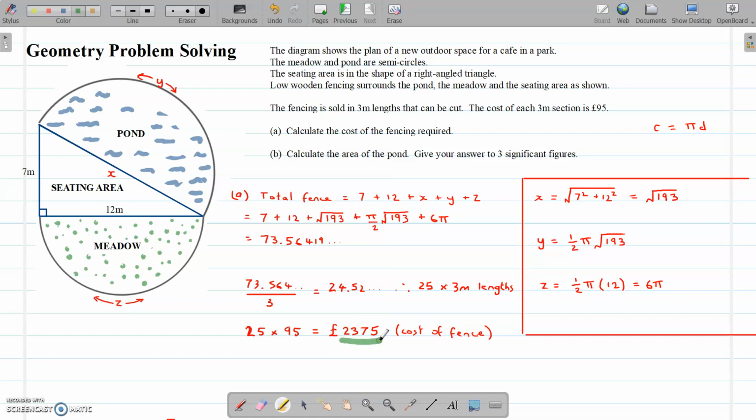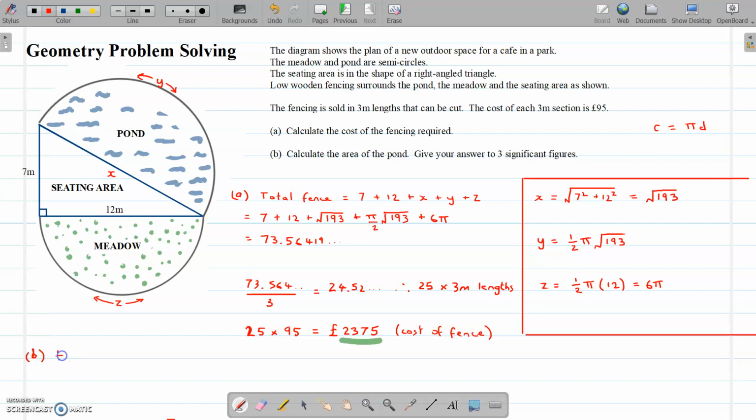Now we have to calculate the area of the pond and give the answer to 3 significant figures. Well, the area of the pond, if I do that down here, it doesn't take up much working. So the area of the pond is going to be half of pi r squared.